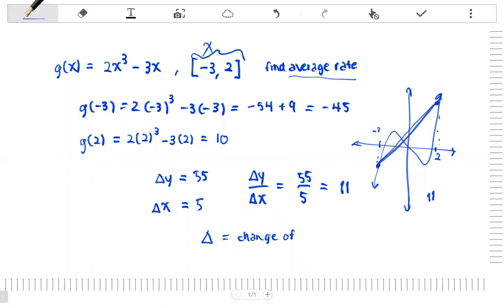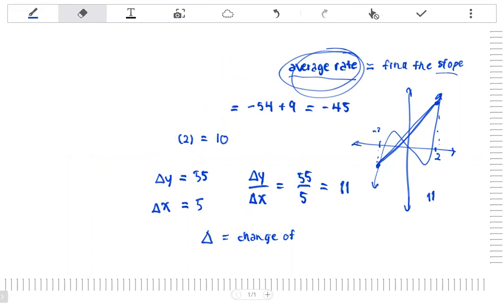So I guess if it asks find the average rate, it's the same thing as asking find the slope. It's good to memorize it like this because slope is going to be used in a lot of other things. But it's the same concept. You're right. You're finding the slope.